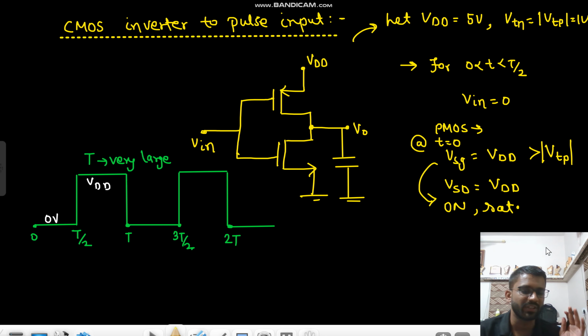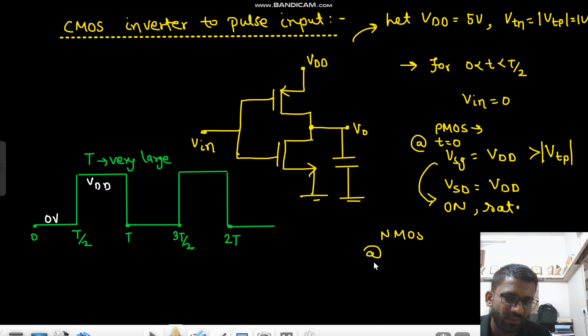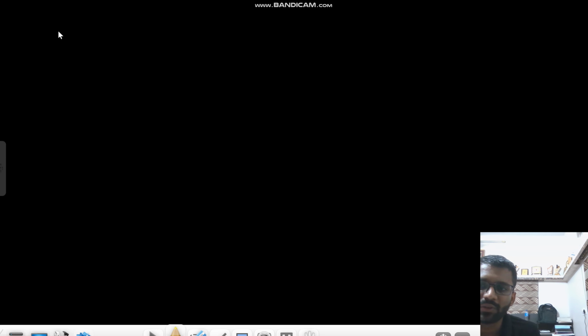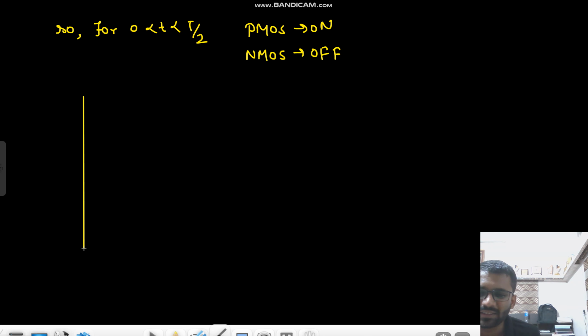Then it is on and in saturation. In case of NMOS at t equals 0, VGS would be 0 only, that means it is off. So for 0 to T by 2, your PMOS is on and your NMOS is off.